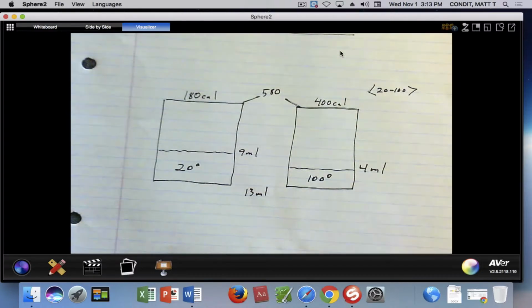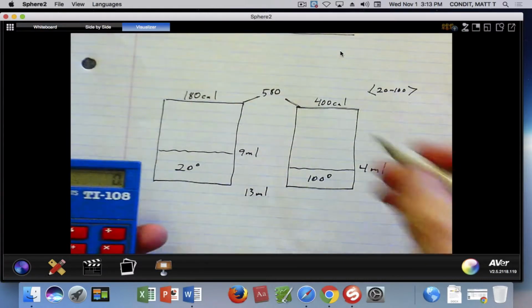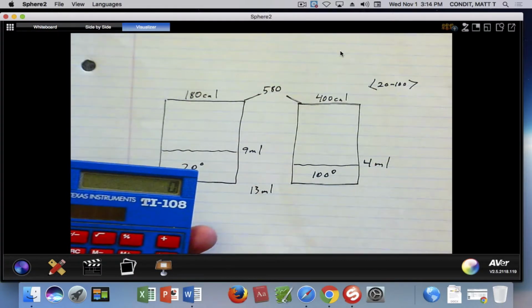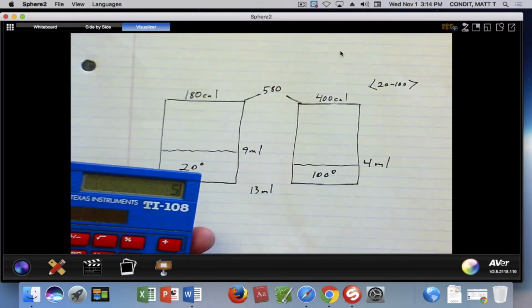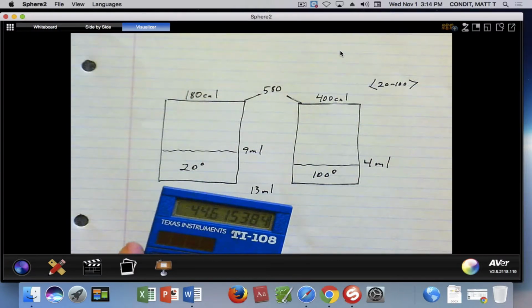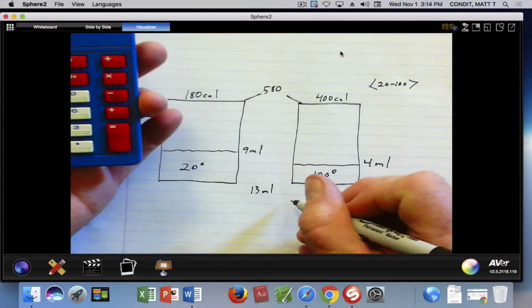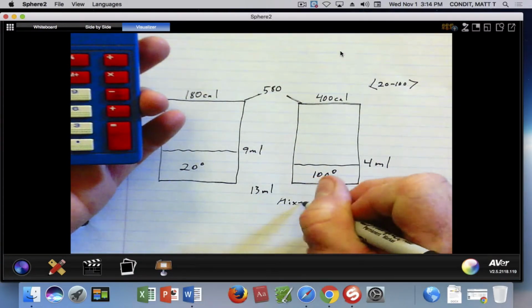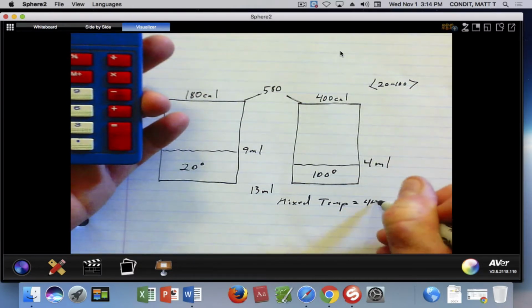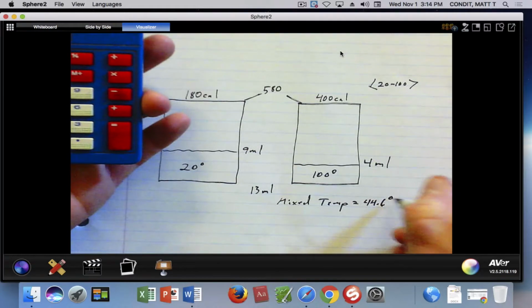And then I grab a calculator because I can't do this in my head. We divide the total calories by the total milliliters. That's going to be 580 divided by 13, and that gives me a temperature of 44.6. So my mixed temp equals 44.6 degrees Celsius.